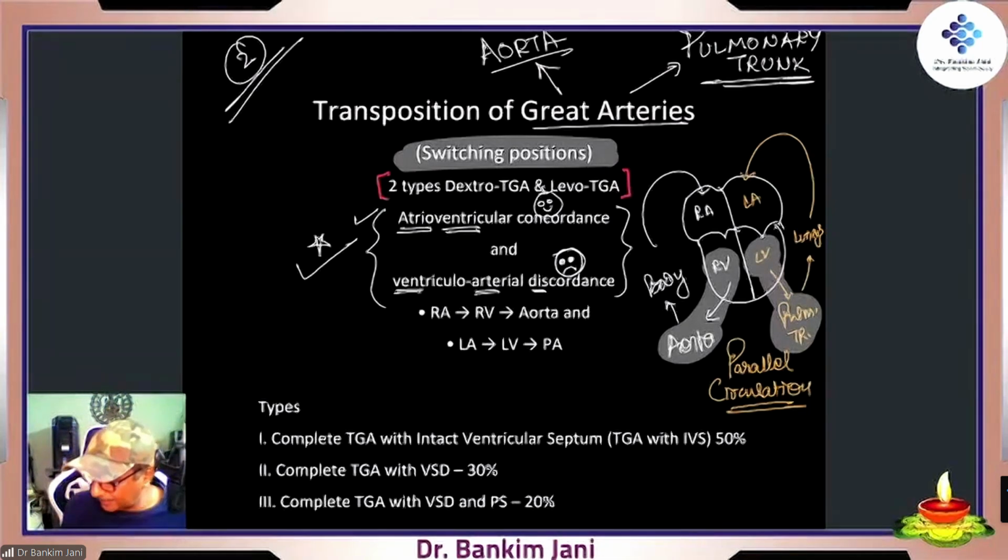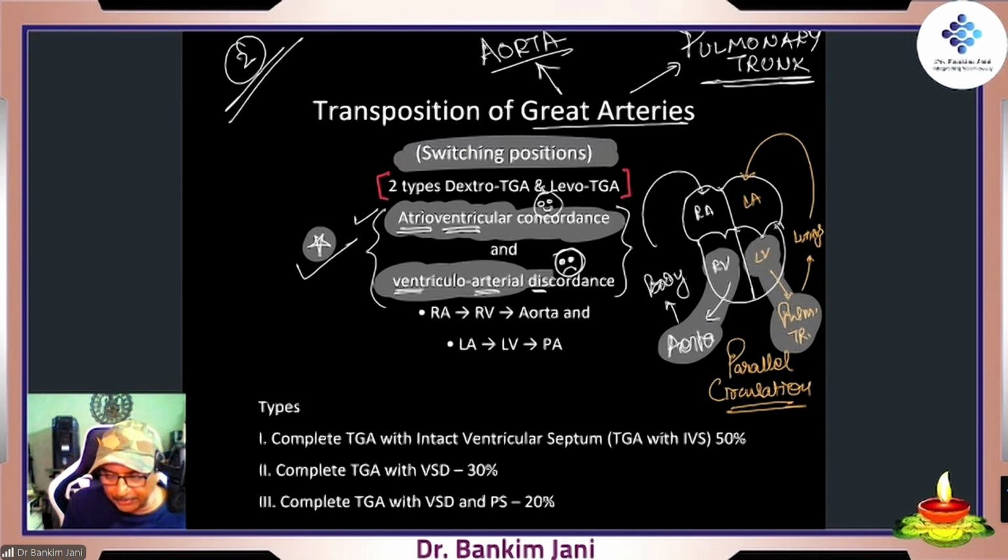This entire statement, as I marked, is asked many times. Atrioventricular concordance: concordance means they both are fine with each other. And ventriculo-arterial discordance means there is a conflict between them. So now it is clear.